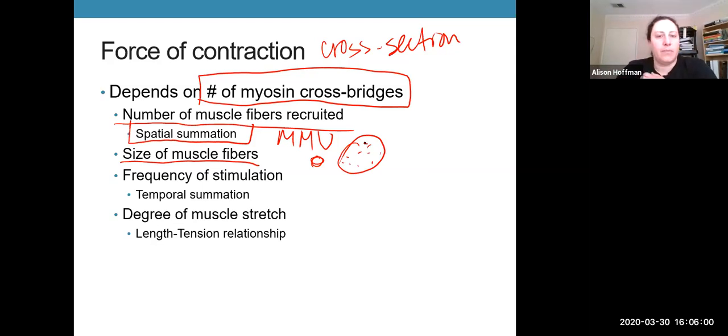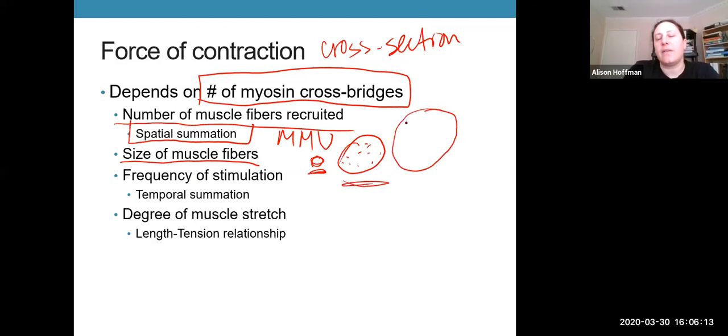And pretty sure we already talked about this. Remember that the recruitment of different muscle fibers, we always start with the smaller ones, and then we recruit the larger ones, and the last ones to be recruited are going to be the largest diameter. So the more muscle fibers we recruit, the more force of contraction for both of these reasons.